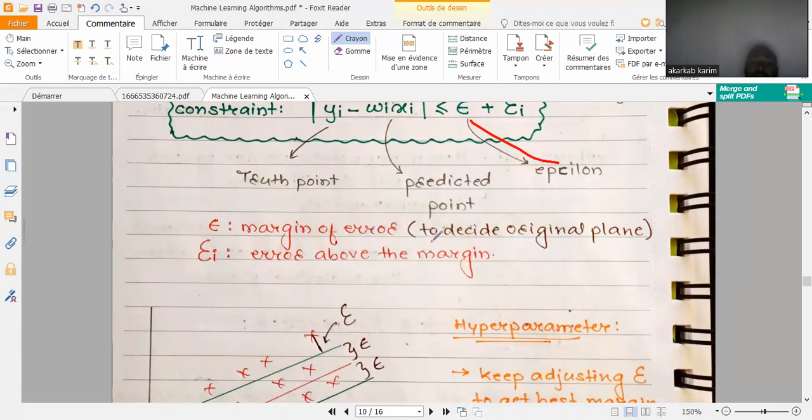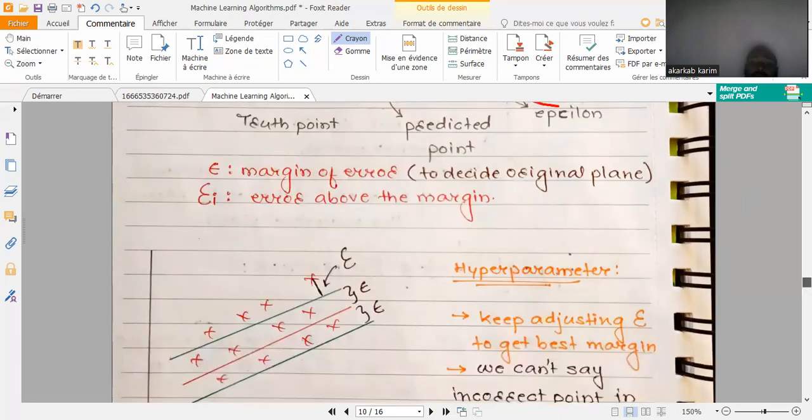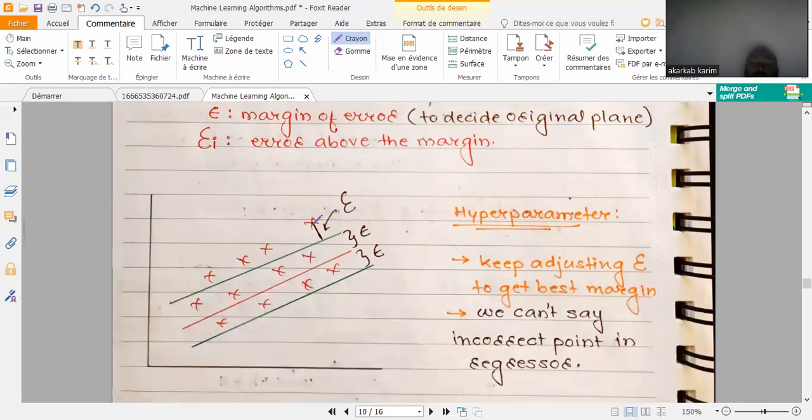Epsilon is the margin of error beside the original plane, and we have this eta error above the margin. We need to see how much error we have above the margin. So this is the eta.